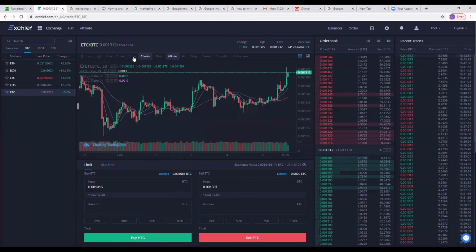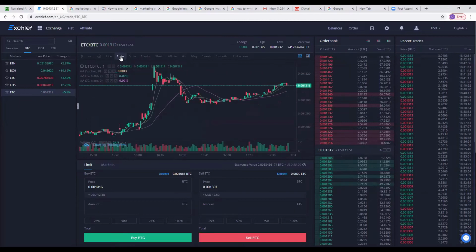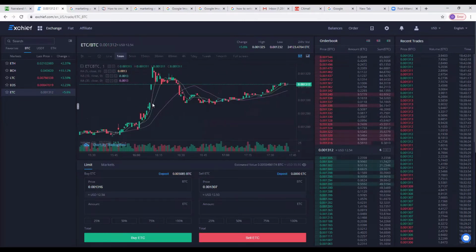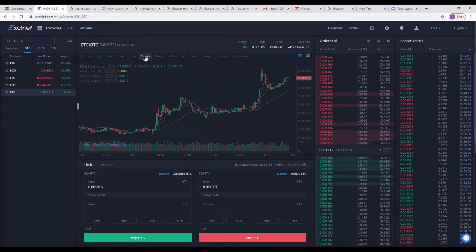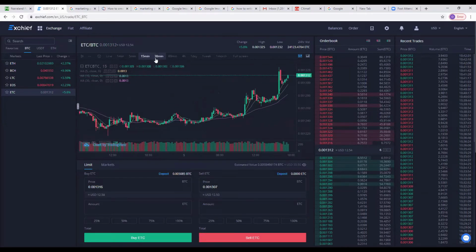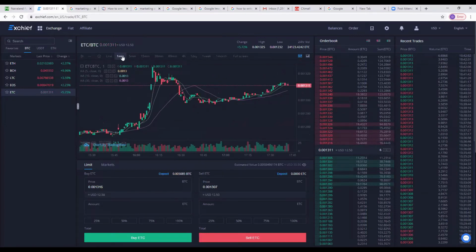Now, over here you realize that there are different time codes put here. Every time you click on a different one, you realize that the chart adjusts itself slightly to give you a somewhat different look. What it basically means is that when you click a 1 minute option, that is the kind of display it gives you.